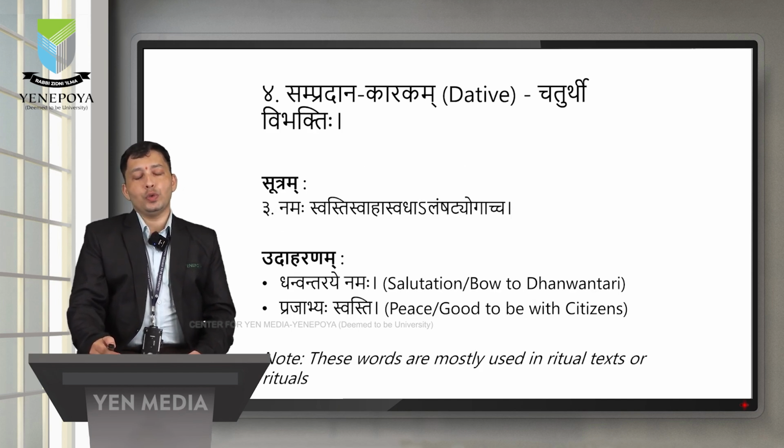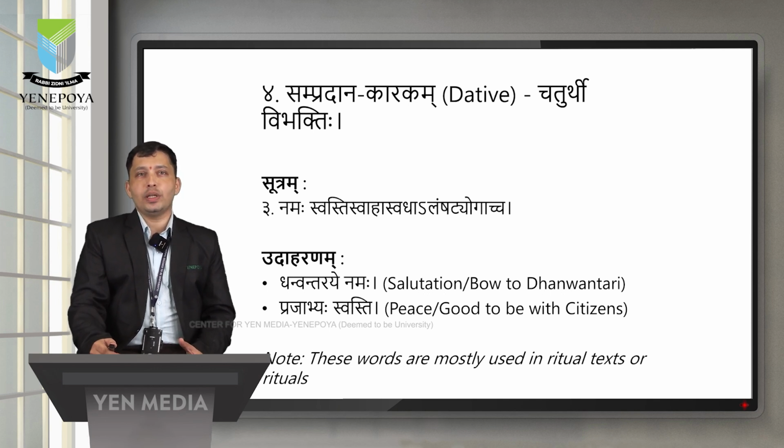Next, one more sutra which represents Sampradana Karaka is Namaha Swasti Swaha Swadha Alam Vashat Yogacha. If you split this sutra, we can understand there is a group of words: Namaha, Swasti, Swaha, Swadha, Alam, Vashat.